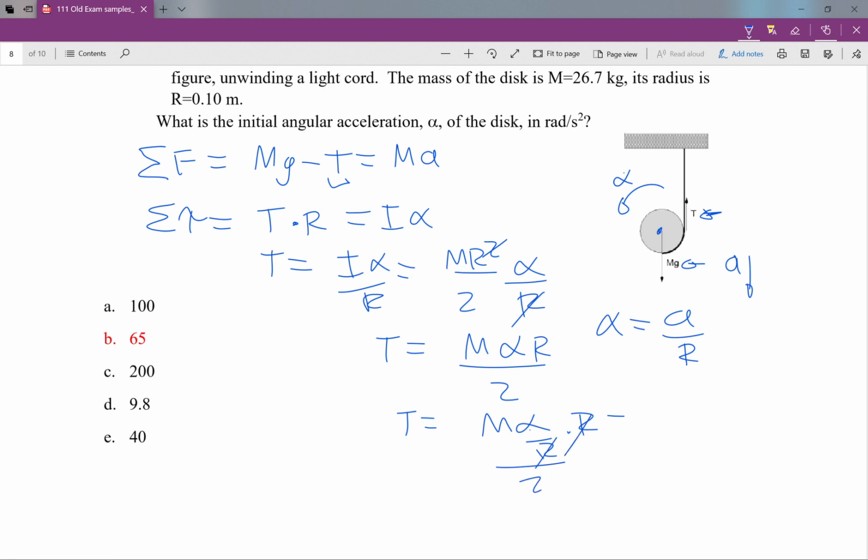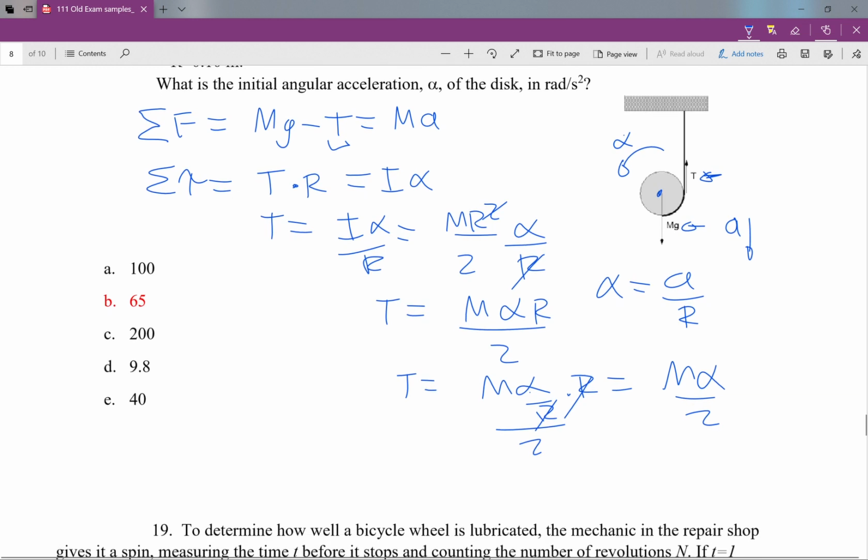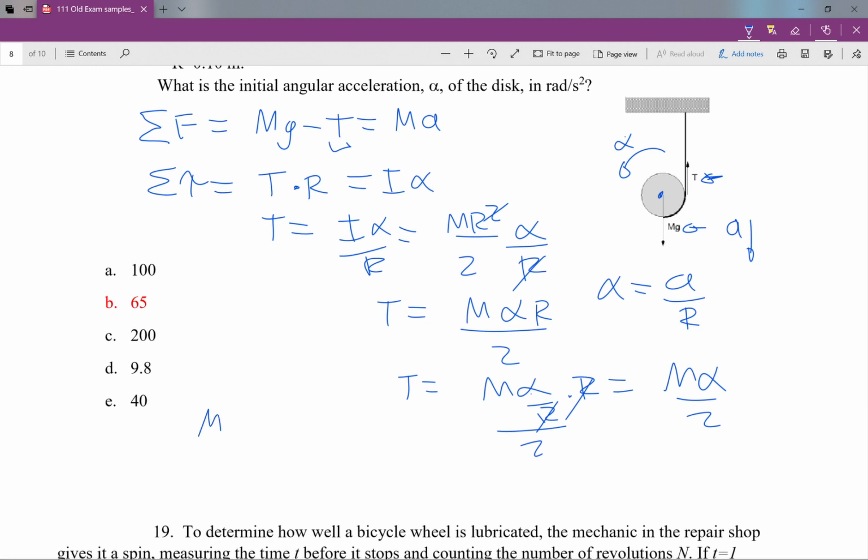R's cancel out, so we have m a over 2. We go back to our original equation and we have that mg minus ma over 2 equals ma. We're talking about linear acceleration now.